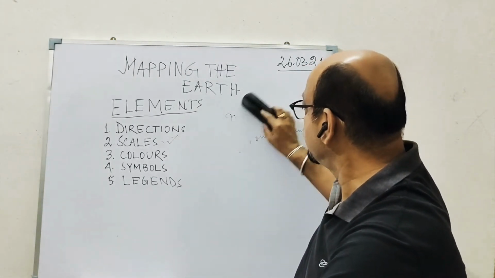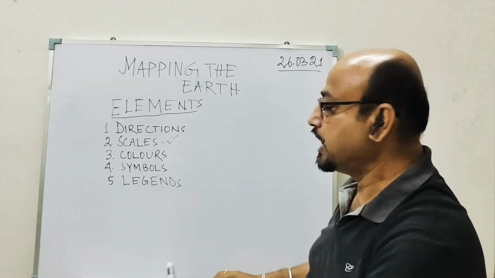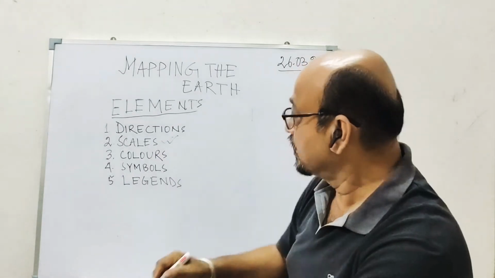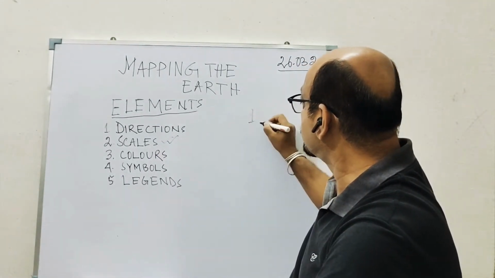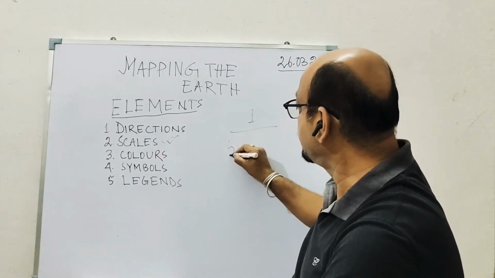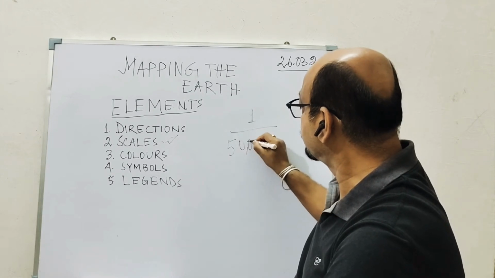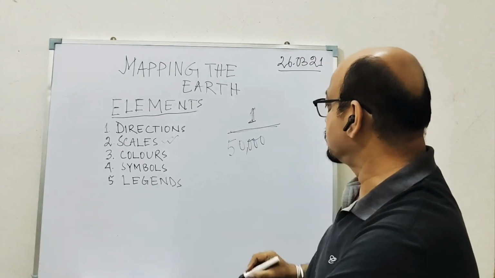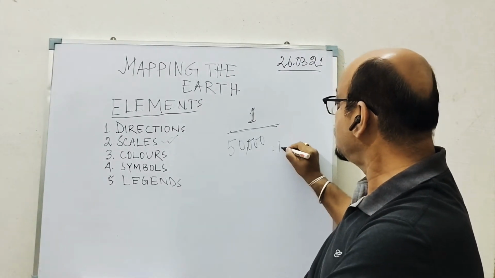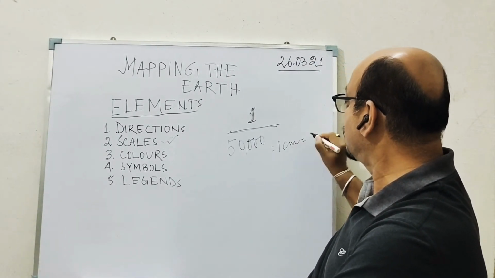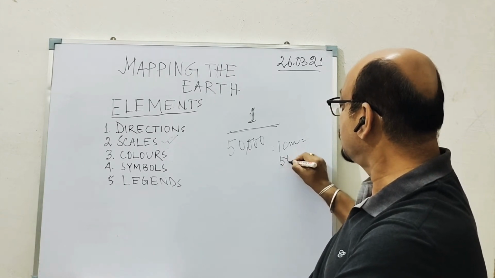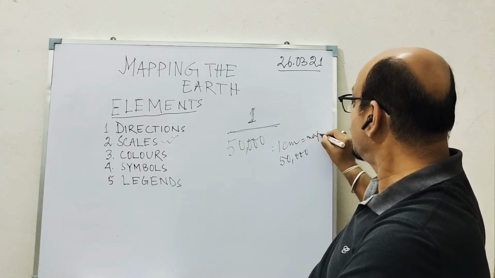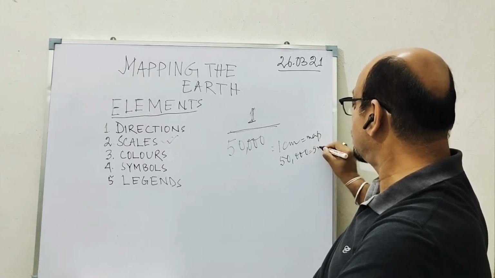Now how do we represent the map distance and the ground distance? Say for example 1 is to 50,000, which means 1 centimeter on the map is 50,000 centimeters on the ground.